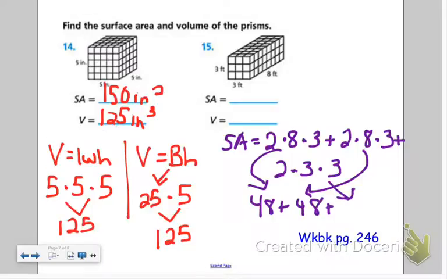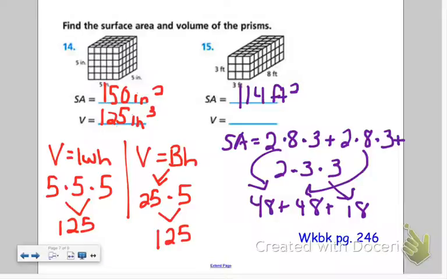And then 2 times 3 times 3 is going to give me 18. And when I add it all up, 48 plus 48 plus the 18 is going to give me a surface area of 114 square feet. So that means all the faces of my rectangular prism are going to have areas totaling 114 square feet.